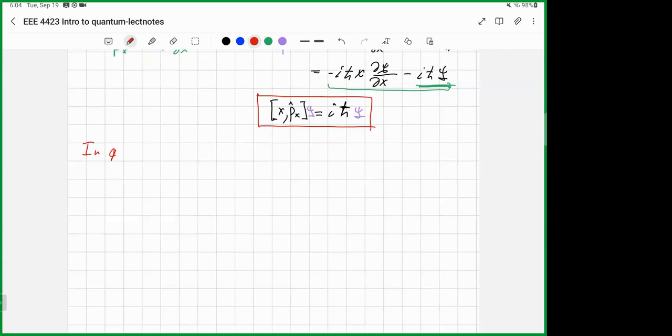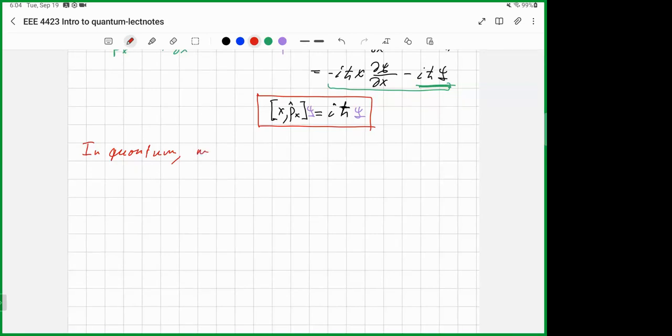So in quantum, non-commutative operators have particular importance as they indicate pairs of observables that cannot be precisely measured simultaneously. Okay, so this is the essence of Heisenberg's uncertainty principle.